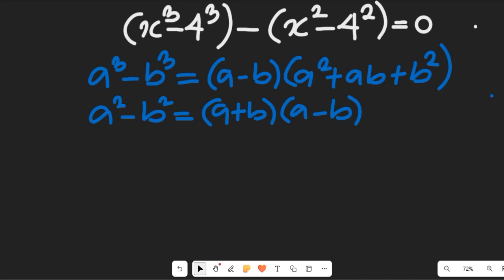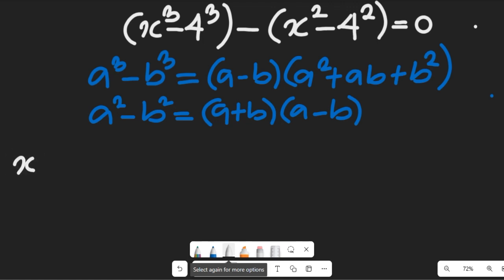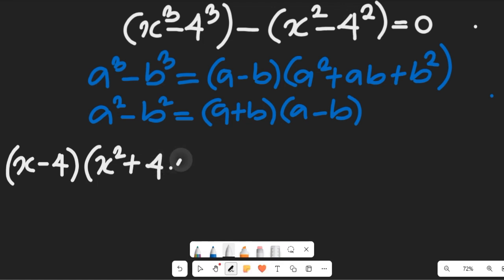We have that with cube and we have that with square. Now, the expression with cube is simply going to give me x minus 4 on this side, right? And all of that will be multiplying x squared plus 4 times x, or x times 4, right? 4 times x plus 4 square.